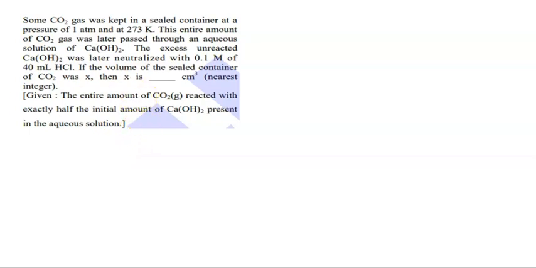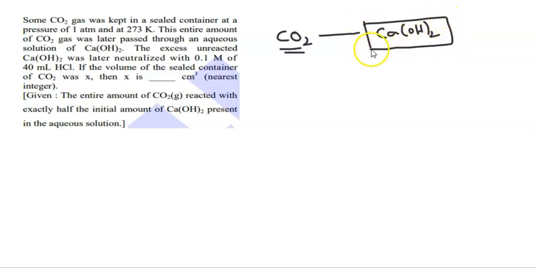The entire amount of CO2 reacts with exactly half of the initial amount of Ca(OH)2 present in the given aqueous solution. First of all, how to understand the question: initially CO2 is there, and it is passed through Ca(OH)2. CO2 reacts with the Ca(OH)2, and only half of the amount of Ca(OH)2 reacted with CO2.